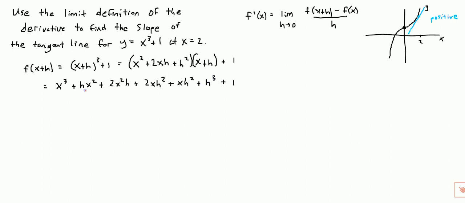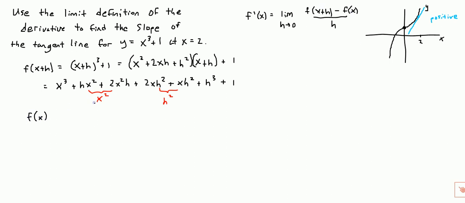Okay, so these terms both have an x squared. These terms both have an h squared. So that'll be useful, I can combine those terms. So that's f of x plus h.